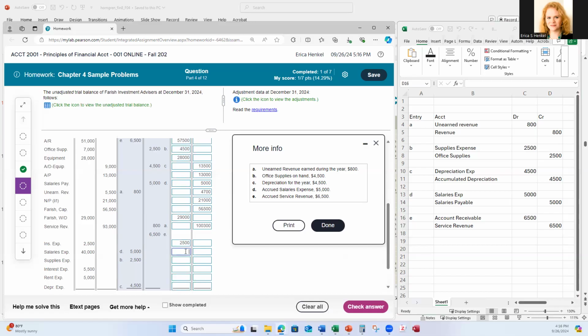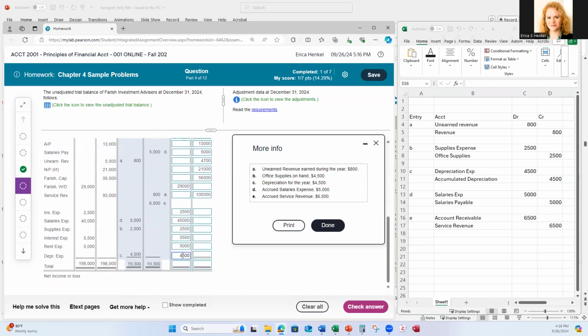Oops, 40,000 plus 5,000. And then just the entry, 5,000 plus 0 or 5,500. 5,000 plus 0. And an entry for 4,500.